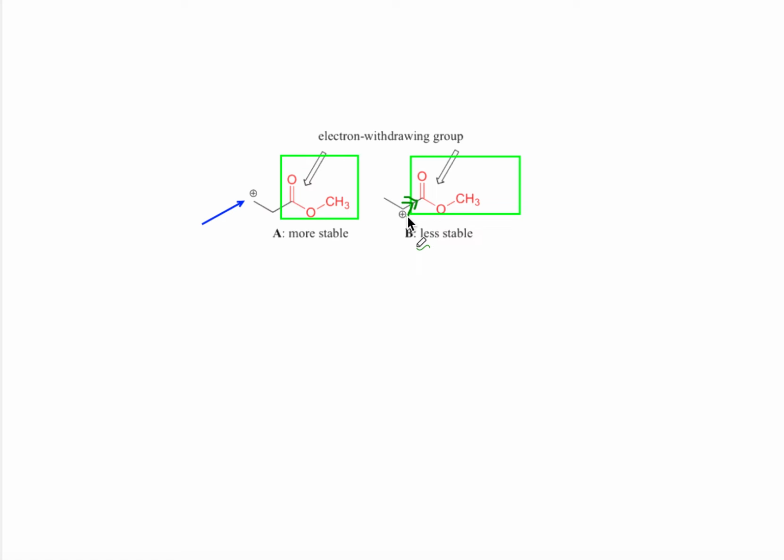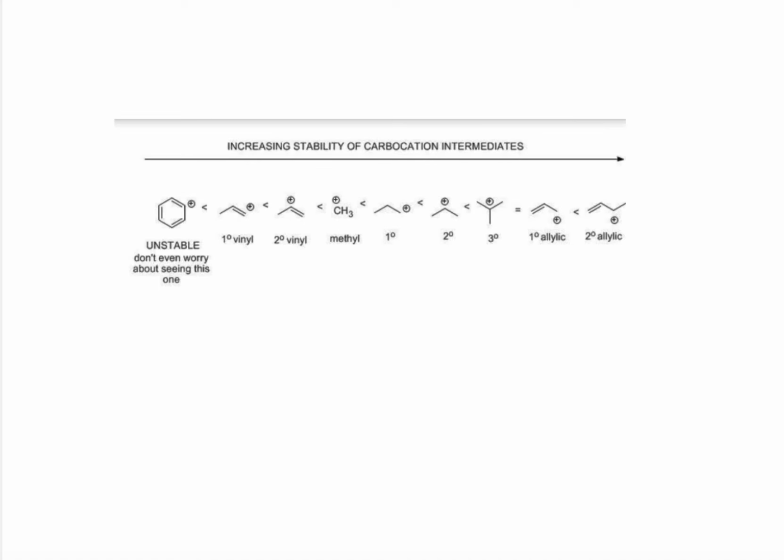So any substituent, any factor that withdraws electron density from the carbocation further destabilizes the carbocation. Therefore, molecule A, even being a primary carbocation, is more stable as compared to molecule B, which is a secondary carbocation, but the electron withdrawing effect of the attached carbonyl destabilizes the carbocation.